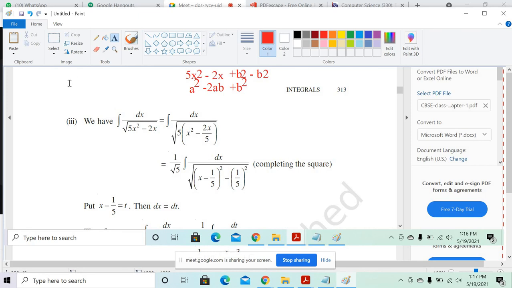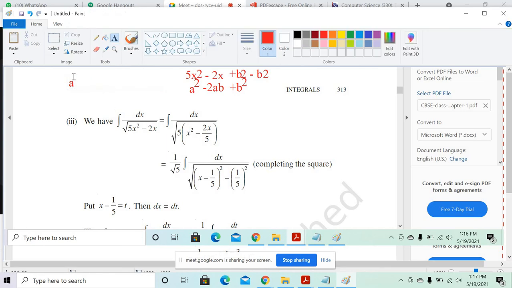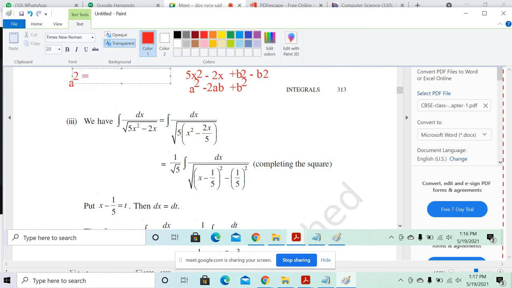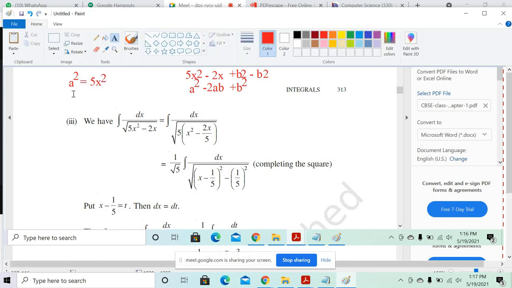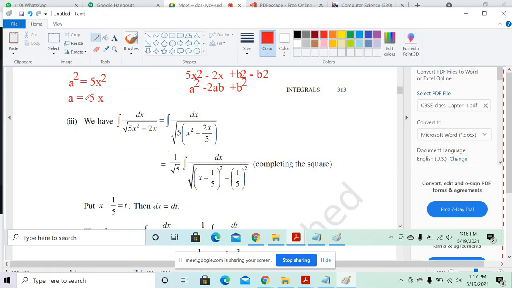Correct? So a square is equal to 5x square, correct? Okay, so what is a equal to? A is equal to 5x, that means root 5x, isn't it? So I got a as root 5x.